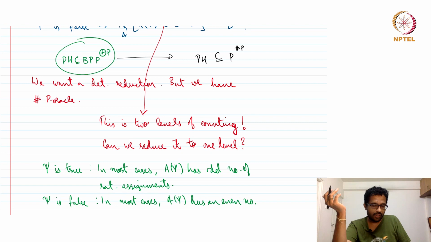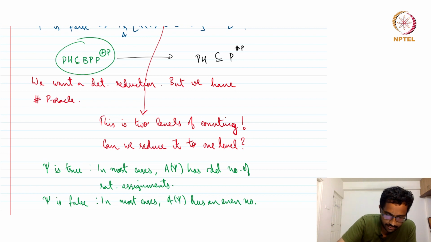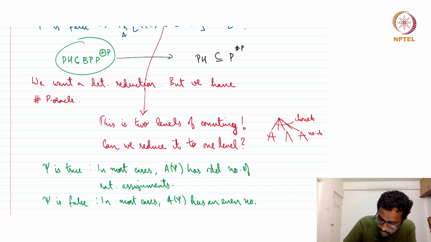But most having odd means, if you look at, you can consider two levels, right? You can consider two levels. So one for the choice of A, and then another level for the number of satisfying assignments for A psi.